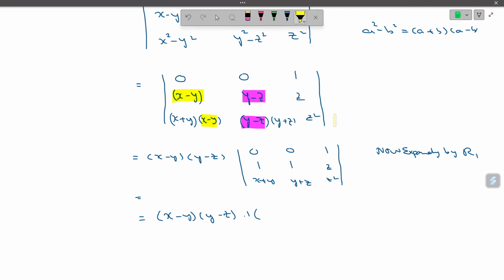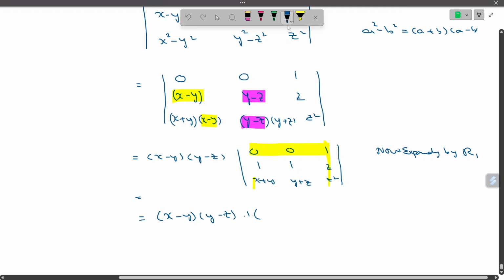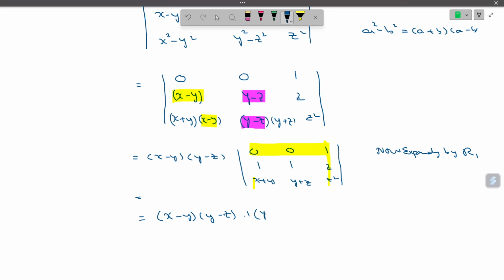So if we expand by R1, this row and this column is gone. So what is left? 1 times AD minus BC. 1 times y plus z minus x minus y.